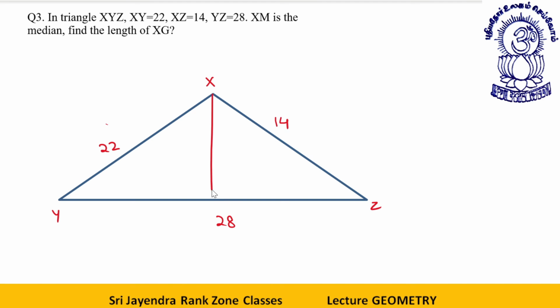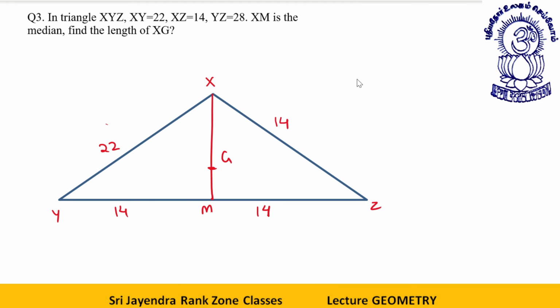XM is the median. Okay, let's say this is the median. This is the point M, so this will be 14, this will be 14. Find the length of XG. G must be the centroid, which hasn't been marked. G is the centroid of the triangle.